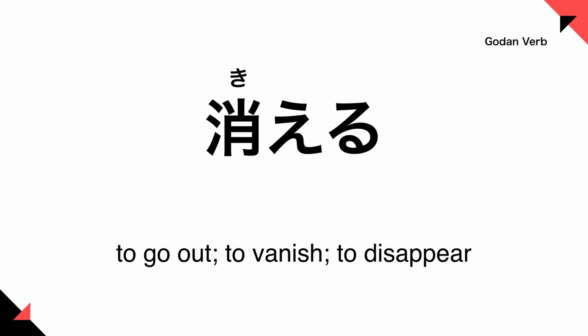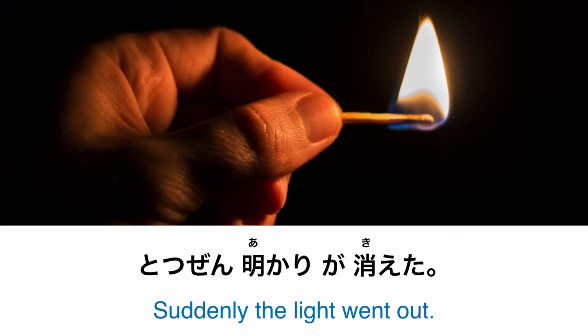Right, the next word, 消える. That means to go out, to vanish, to disappear. Alright, let's look at the example sentence. 突然、明かりが消えた。Suddenly, the light went out.